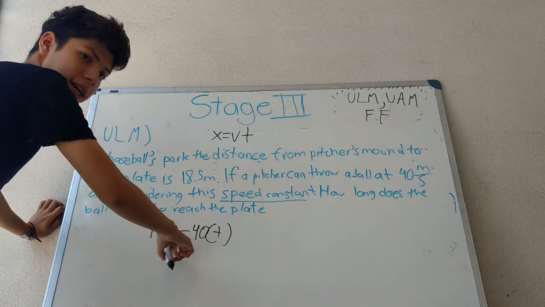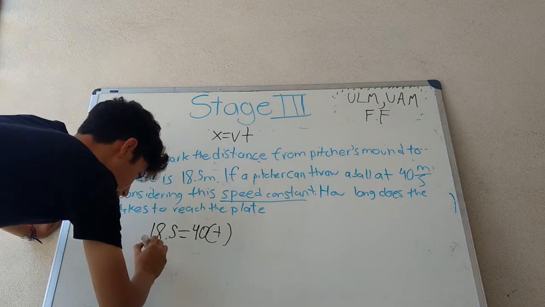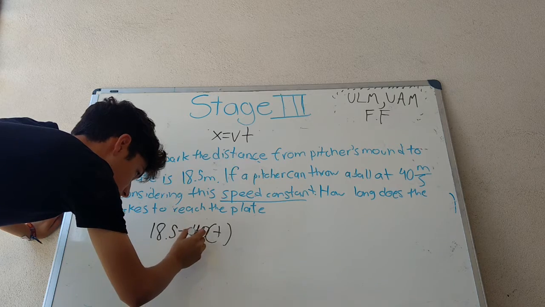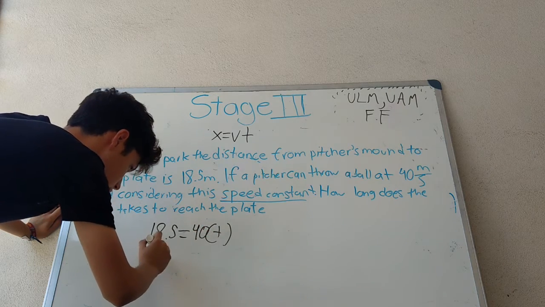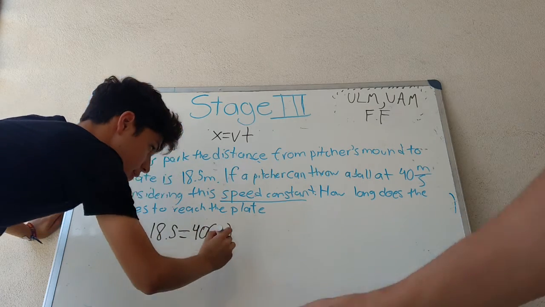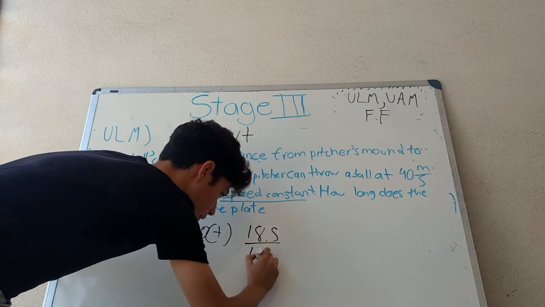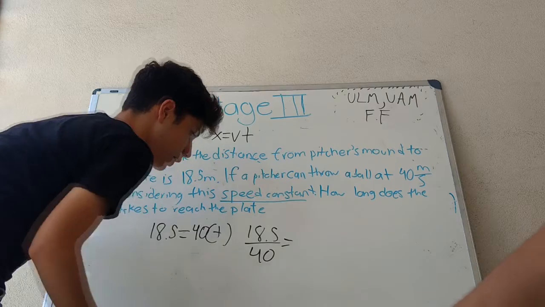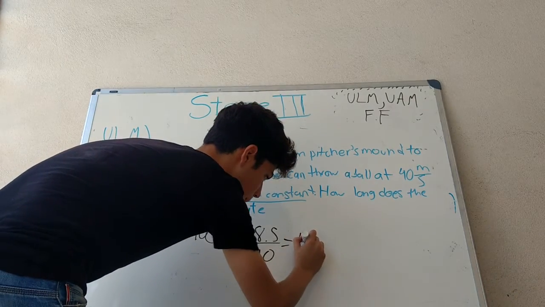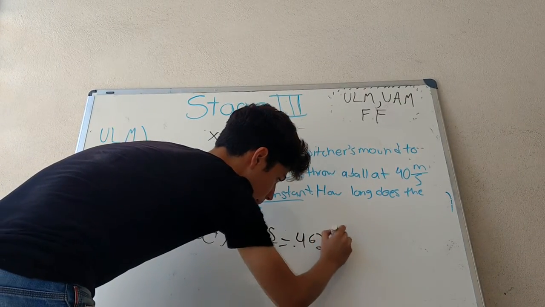We need to isolate time in order to get it. We pass the 40, that is multiplying time, to divide it, and it gets the following division, and the answer is 0.4625 seconds.